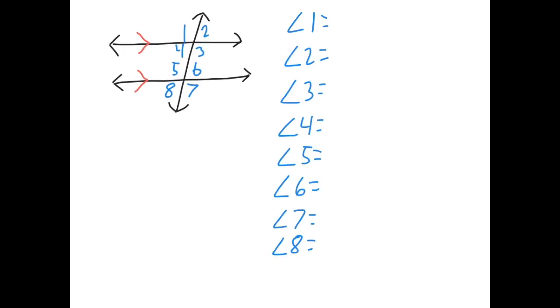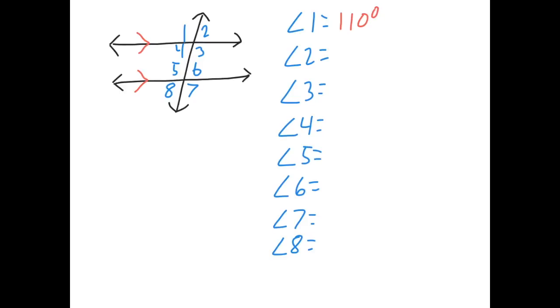Alright, so let's look at this picture again, and I'm going to give you one of the angles. I'm going to say angle 1 is 110 degrees. And I want you to find all the rest of the angles. And you're going to have to use the properties that I just showed you.